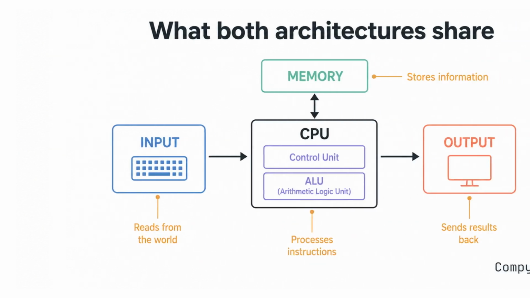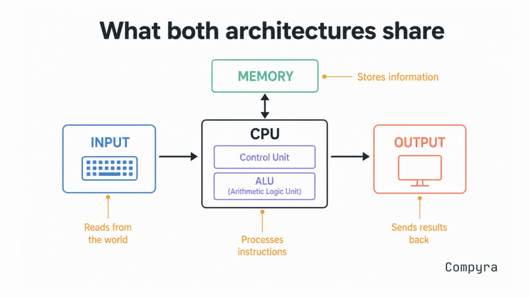Let's get into it. Before we look at what makes these two architectures different, let's quickly look at what they have in common, because honestly, that's most of it. Every computer, no matter the design, has the same four basic pieces. There's an input, your keyboard, your mouse, a sensor, something that brings information into the machine.